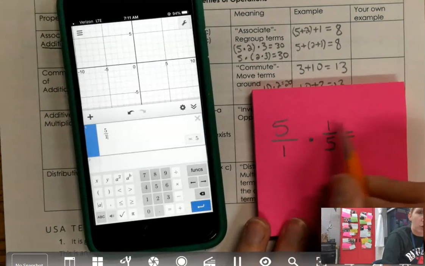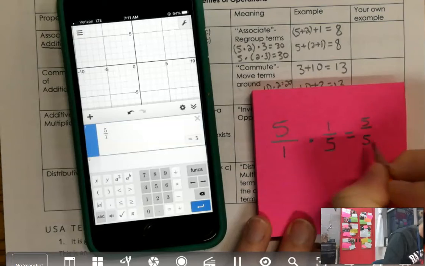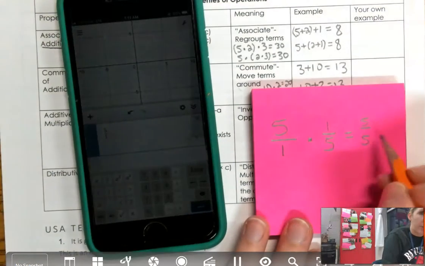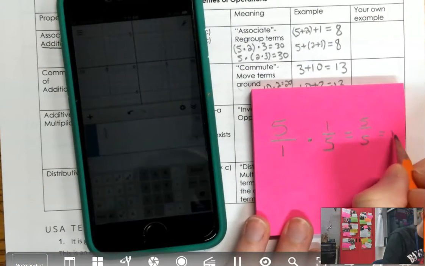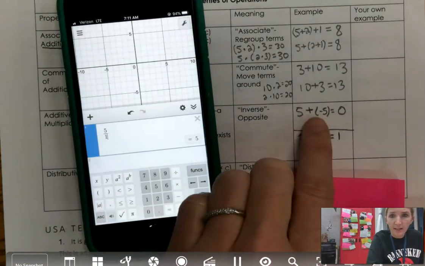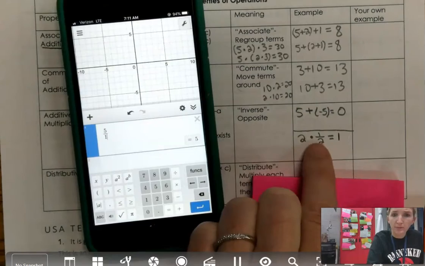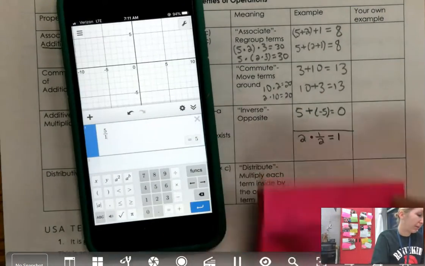Remember, with fractions, you just multiply straight across. So 5 times 1 is 5. 1 times 5 is 5. So you end up getting 5 over 5, which is the same thing as 1. Remember, with additive inverses, we're adding them together to get 0. With multiplicative inverses, we're multiplying them together to get 1.